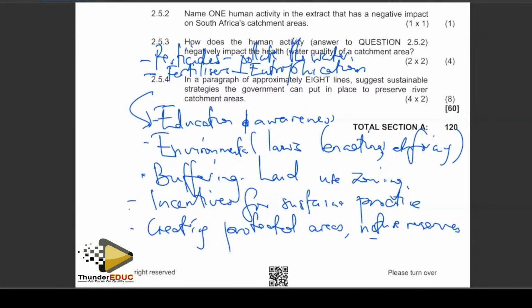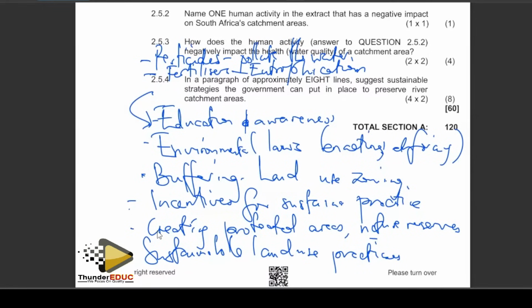We can also talk of sustainable land use practice. There are so many things that can be done. Implementing sustainable land use practices, and avoiding land use practices that harm the environment and the catchment areas. Activities like stream bank cultivation are unsustainable.